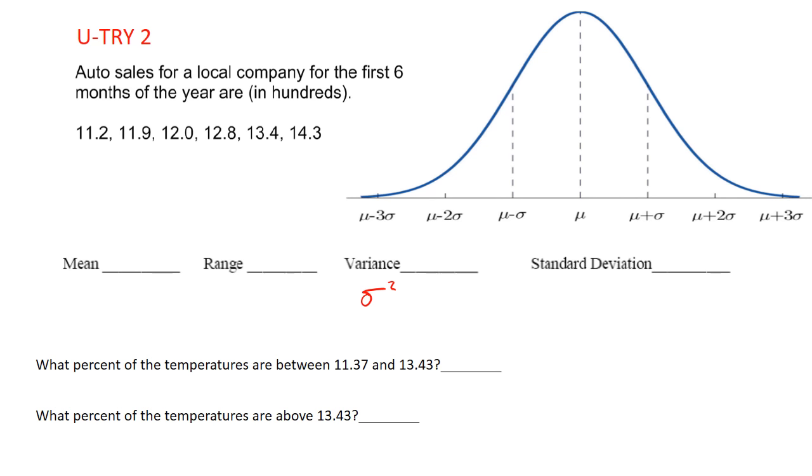You will find that the percentages would be 34, 34, 13.5, 13.5, 2.5, 2.5, about. These percentages will always be the same, so you will have to remember these for our tests and quizzes.